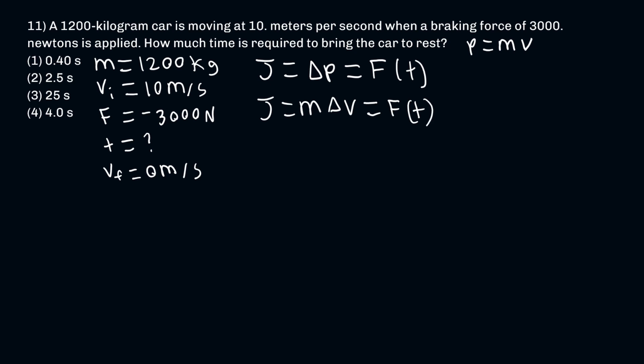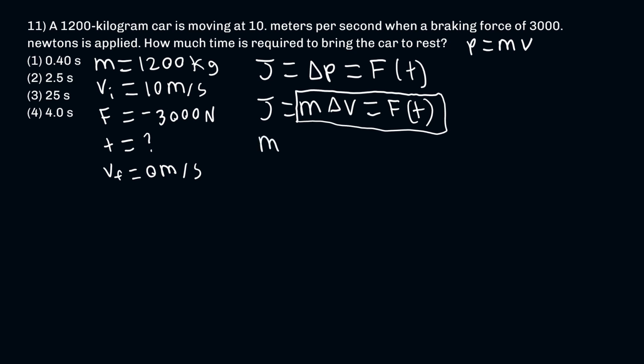I can just set these two parts of the equation equal to each other, because I don't need to find the impulse first and then plug it back in. I can just set m times the change in v equal to the force times time. I'm just going to solve for t right now and then plug in the numbers.